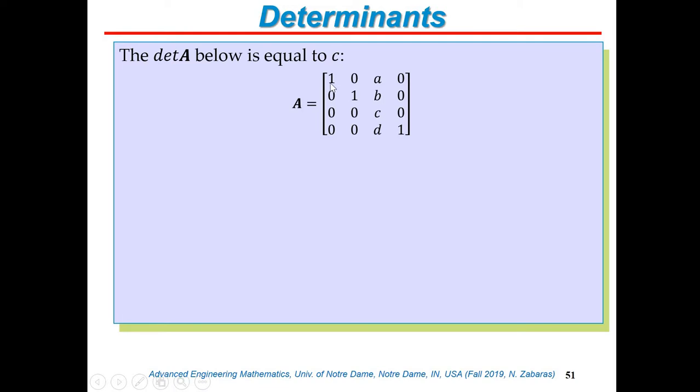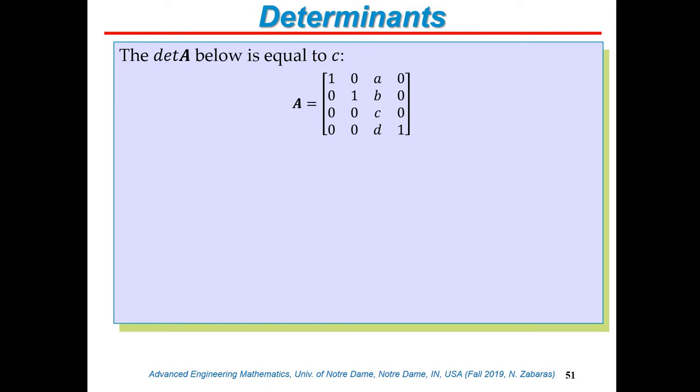On row 1, I'm going to use column 1. On row 2, I'm going to use column 2. And on row 4, I'm going to use column 4. If you look at that, the product of the pivots will be C. So that term is going to give you a contribution C to the determinant.